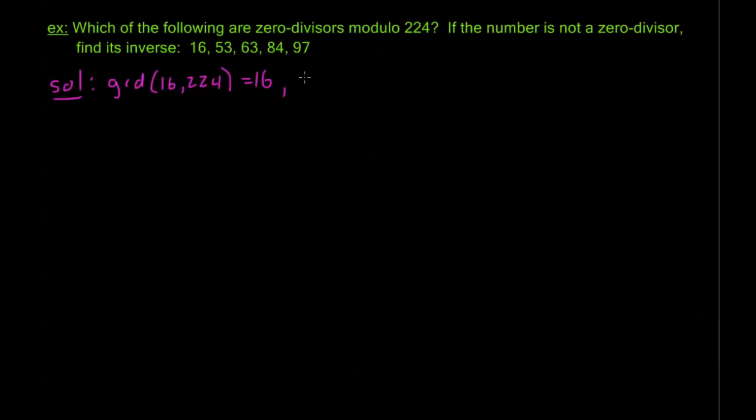The GCD of 53 and 224 is equal to 1. The GCD of 63 and 224 is equal to 7.